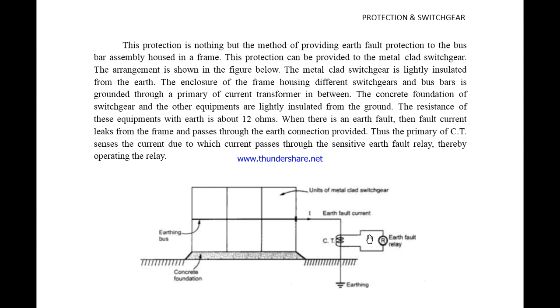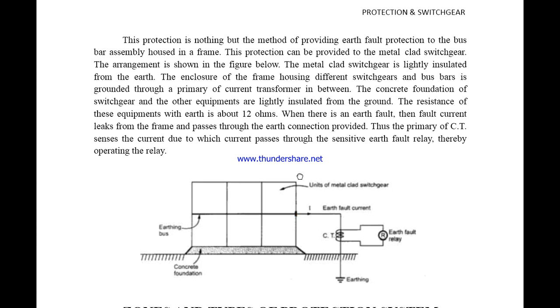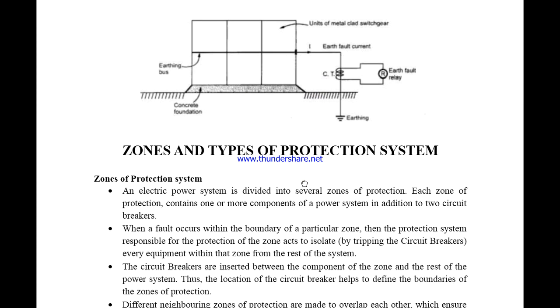So the CT will receive the earth fault current, which is sensed by this relay operation, and the fault current will be switched over to the earth. This is what happens in busbar protection.